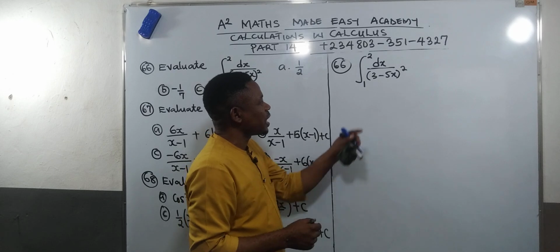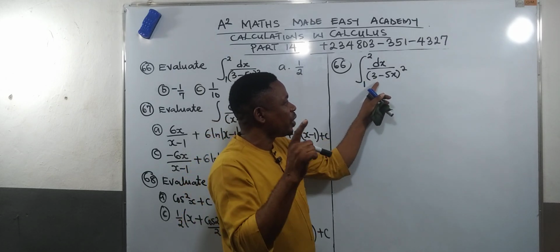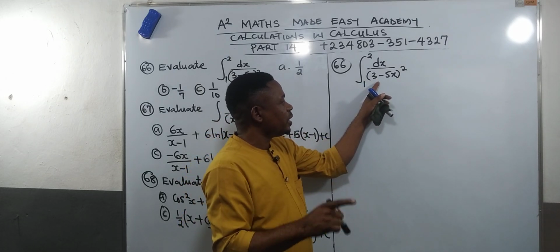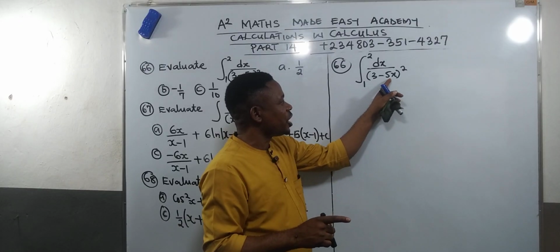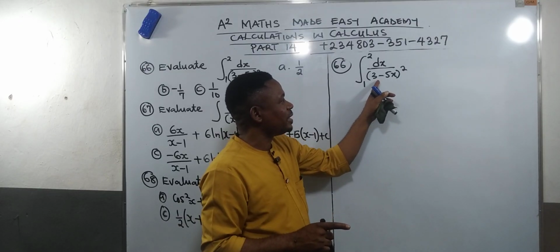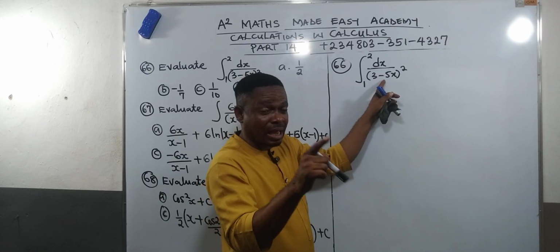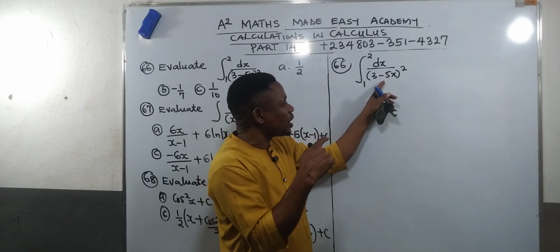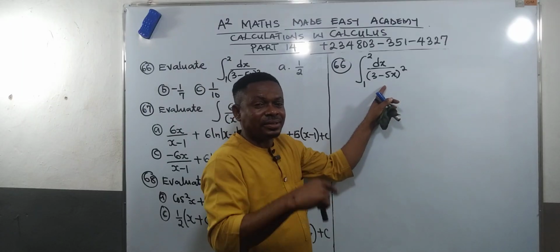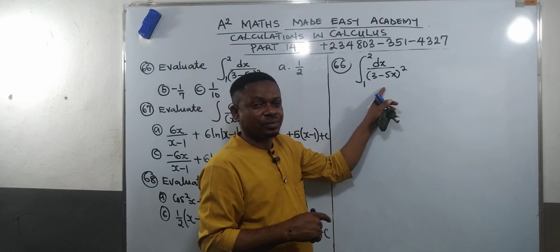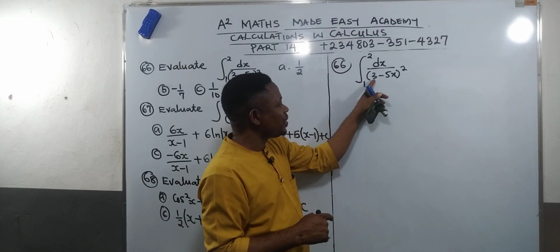When you are given this kind of problem, the first thing you are going to do is to know if we differentiate, what? The x at the base will disappear. And if that disappears, it means that this particular problem can go by integration by substitution. Observe here is 3.